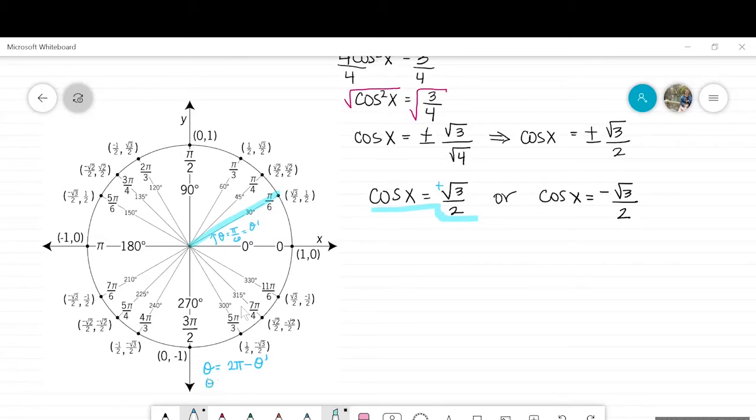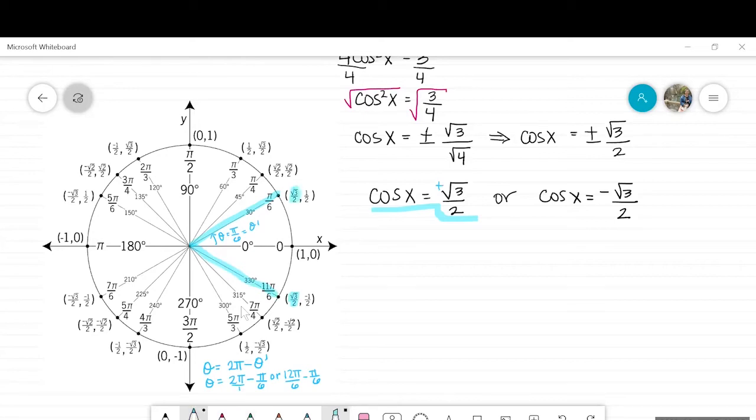So that means we're looking at 2 pi minus pi over 6, or 12 pi over 6, that's just 2 pi with 6 in the denominator, minus pi over 6, and that's 11 pi over 6 right here, okay? So our second location for that is here.